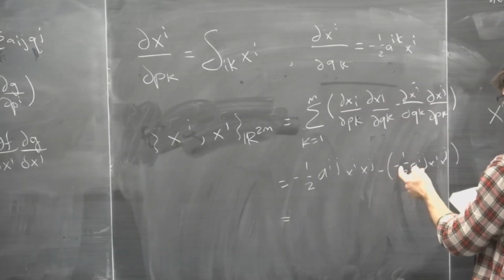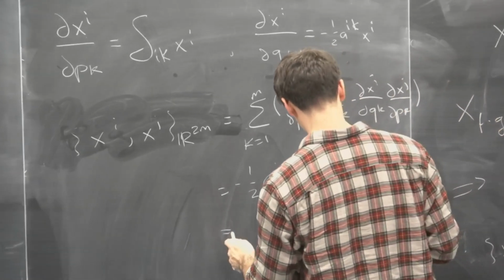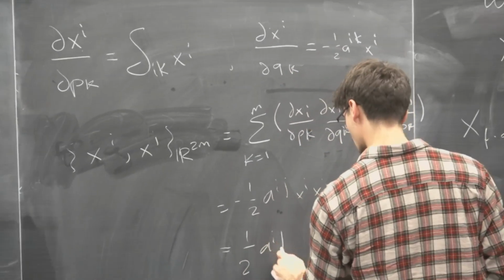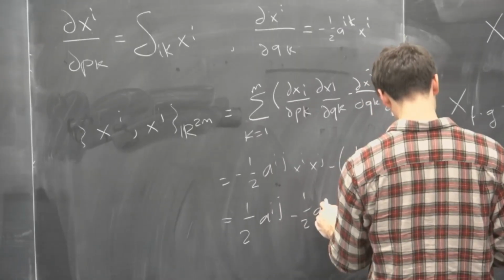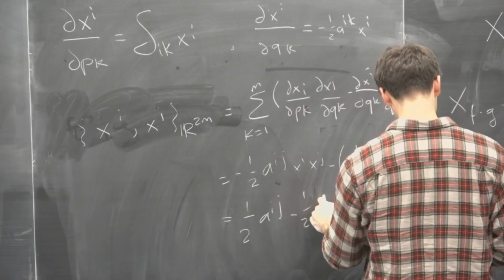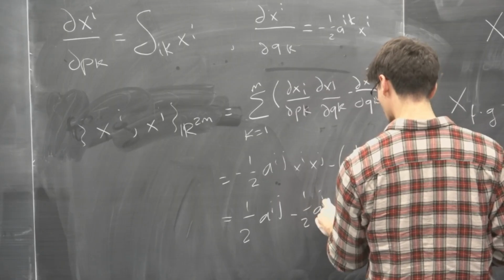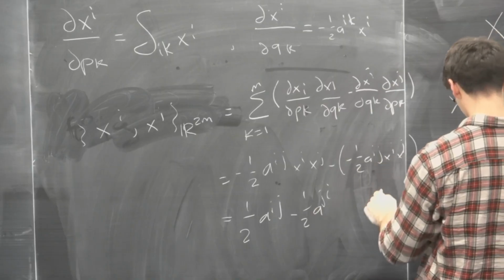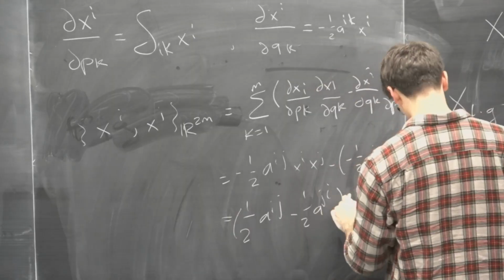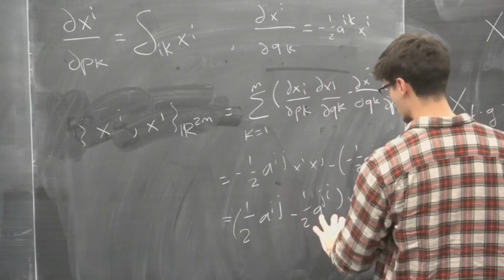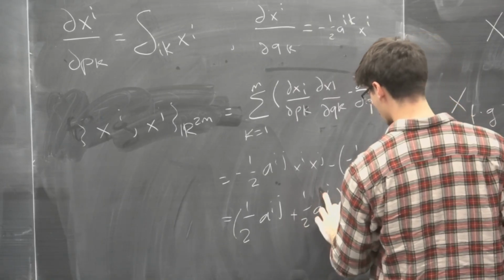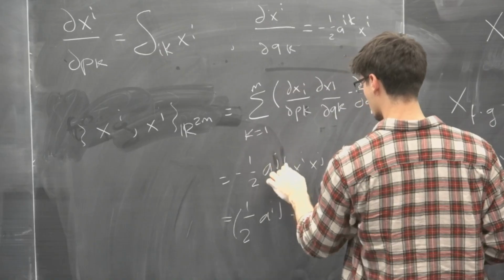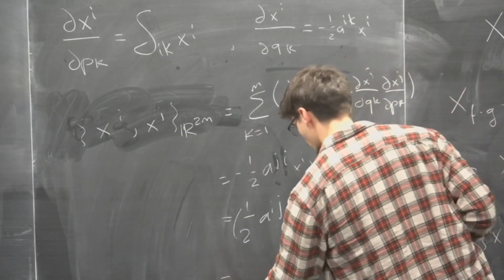So we can swap these, pick up a plus sign, and we get, well, I'll show you in a second with this. Because it's skew-symmetric, you can swap these, pick up the plus sign, and then cover it. This one, and then you just cover.